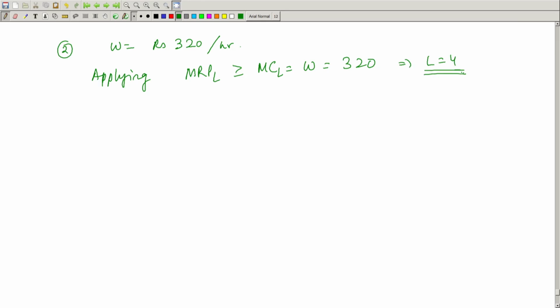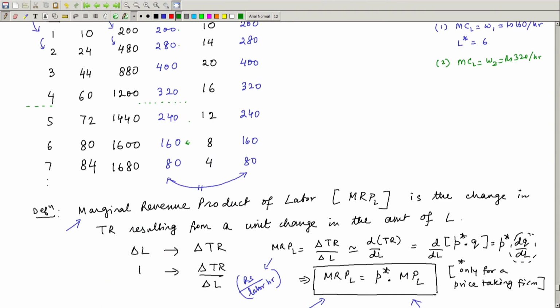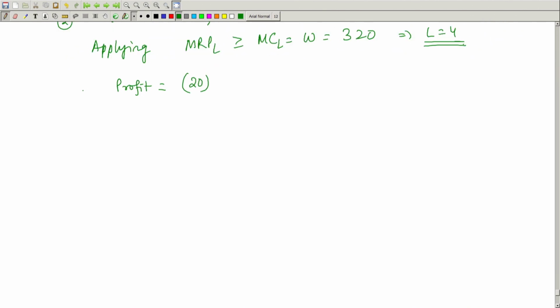So, let us compute what the profit of the firm is. As before, the profit is the total revenue, which is the per unit price of 20 times the number of units that 4 units of labor are producing, which is 60 units. So, that is 20 times 60, minus the cost of labor, which is the per unit wage rate of 320 times 4, because I have L equal to 4, minus the cost of capital, which is 300.